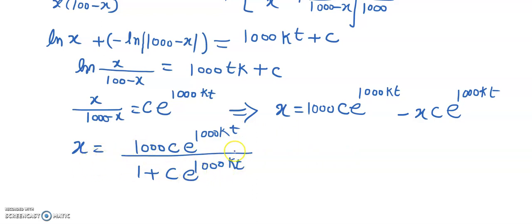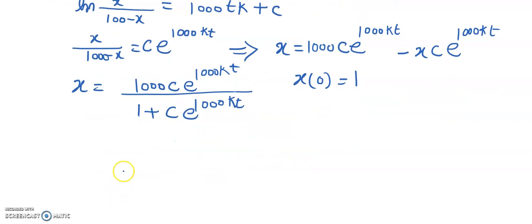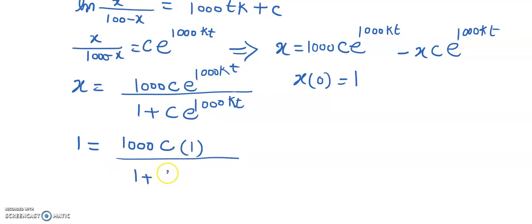So this is the general solution. Now apply the initial condition. At time 0 there was 1 infection, so I can put x equal to 1, and this will be 1000 C. This term will be e power 0, because t will be 0, so this term will be 1, and in the denominator 1 plus C, and again e power 0 equal to 1.